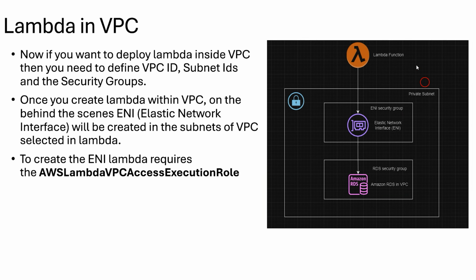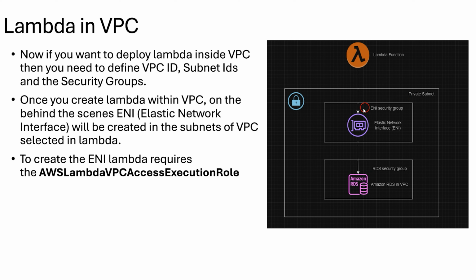Okay, so just have a look at this flow diagram. Here the Lambda is created within the VPC, and if you specify a private subnet to the Lambda, then Lambda behind the scenes creates this Elastic Network Interface, which is covered by this Elastic Network Interface security group.